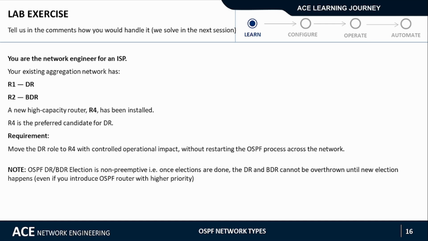So here we have a lab for you. We want you to try something practical. Assume you are a network engineer for an ISP and you have an existing aggregation network, the aggregation network from the campus setup. Your first router that was deployed, R1, became the DR. And the second one, R2, became the BDR.